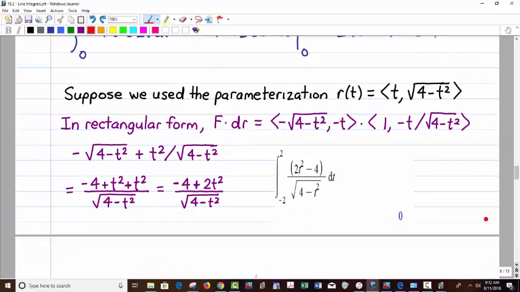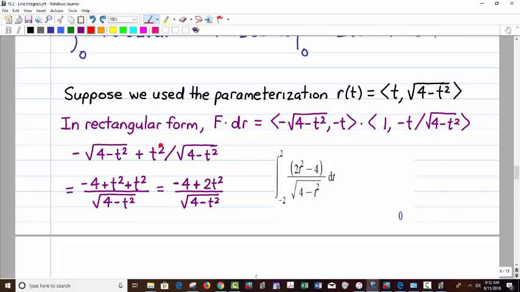All right, so let me just blow through this real quick here. When you substitute, negative y is the negative of this radical right here. Negative x will be this. Then for the derivative of 4 minus t squared to the 1/2, you bring the 1/2 down, and then the exponent becomes negative 1/2, and then the derivative of the inside would be negative 2t. So 1/2 times negative 2t makes that negative t, and then the negative 1/2 exponent just drops it down to the denominator of a fraction.